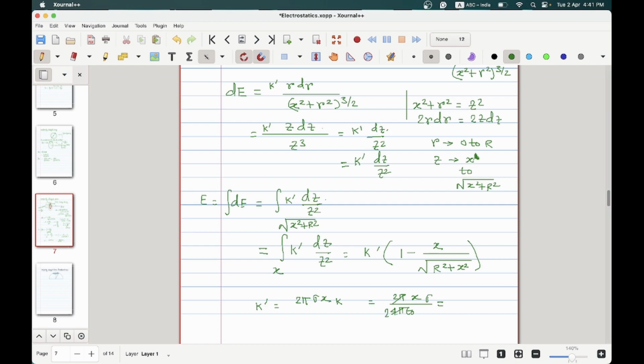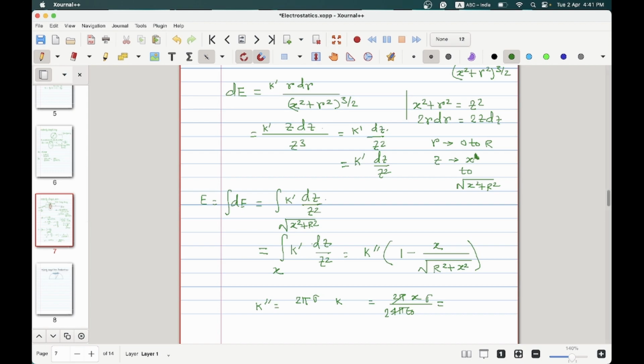There should be a 2 here. And x is here. So let's say this is k double dash, where x is not included here.